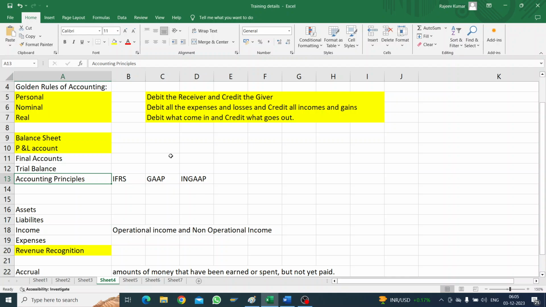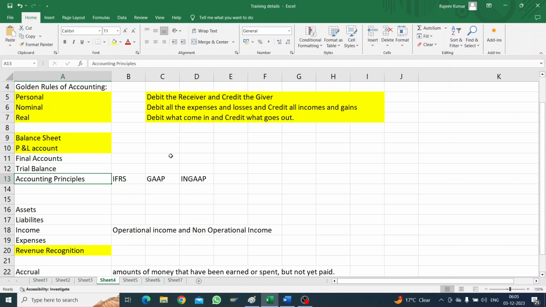So these are nothing but the various accounting principles a company is supposed to follow while preparing their balance sheet, profit and loss account, and even at the time of recording their day-to-day transactions. These are the set of rules and regulations a company is supposed to follow with regard to business transactions.